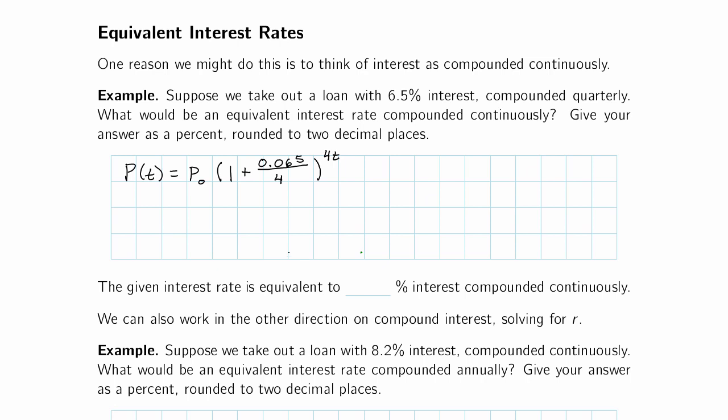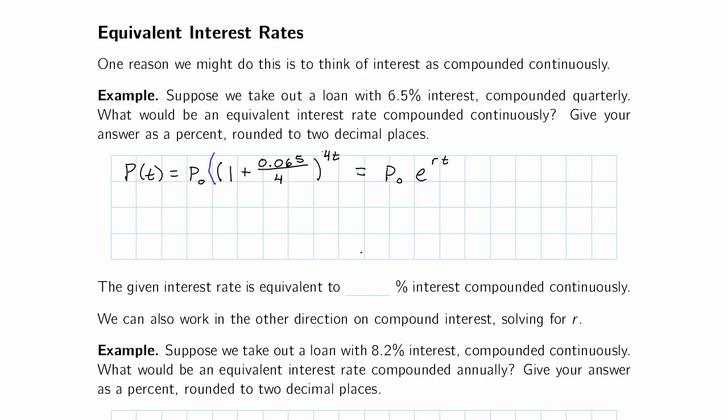We want to get an equivalent interest rate if it were compounded continuously. So we want to turn this into something of the form P0 e to the rt.